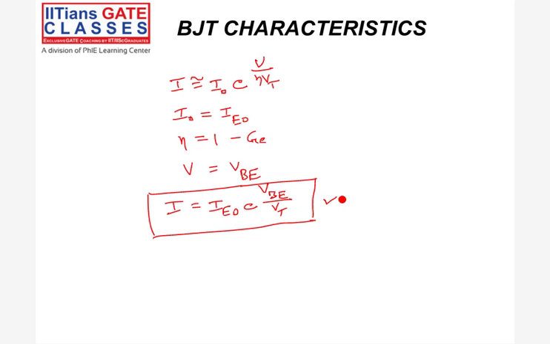Sometimes in the exam, they will ask questions like this. The diagram will be given to you, whatever I made in the previous slide, and they will ask the current through the diode, the transistor. So we should have a clear idea in that case.